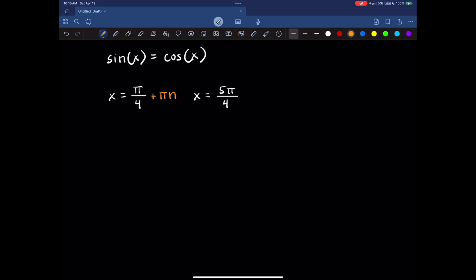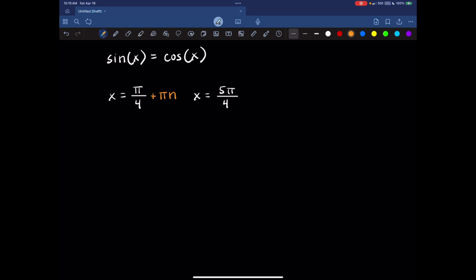That way, if we plug in n equals 0, we get pi over 4. If we plug in n equals 1, we get pi over 4 plus pi, which equals 5 pi over 4, and so on. So 5 pi over 4 doesn't need to be listed separately. It's already part of the solution x equals pi over 4 plus pi n.